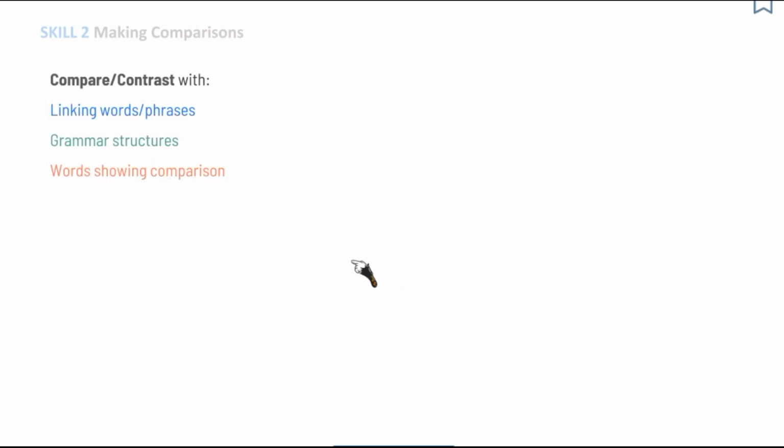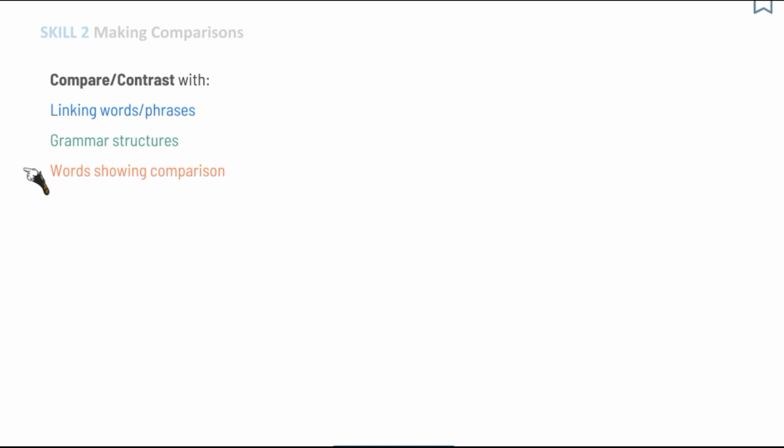Okay, so in this lesson we are focusing on the skill of making comparisons, and there are different ways to compare or contrast things, and in this lesson we're talking about 3 ways. So first of all, we are talking about linking words and phrases.